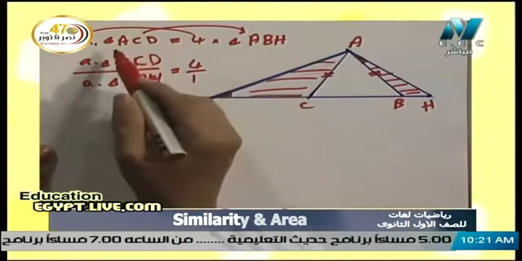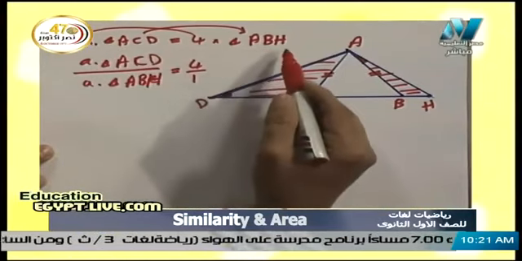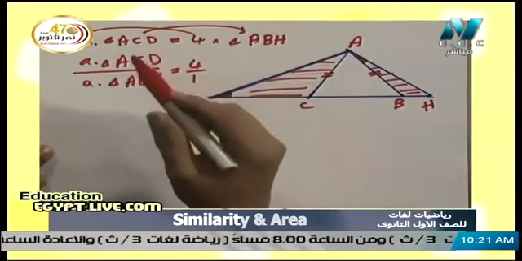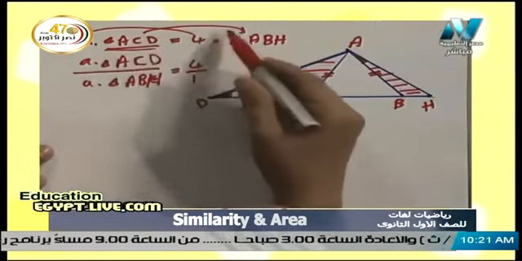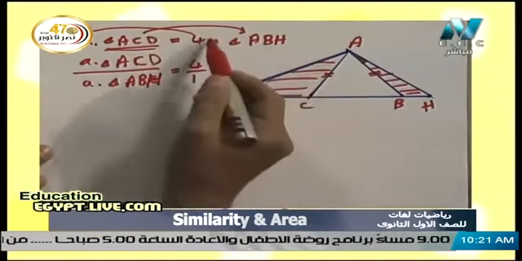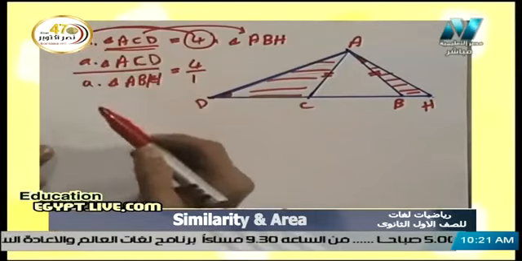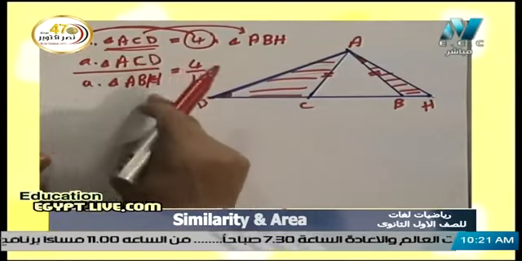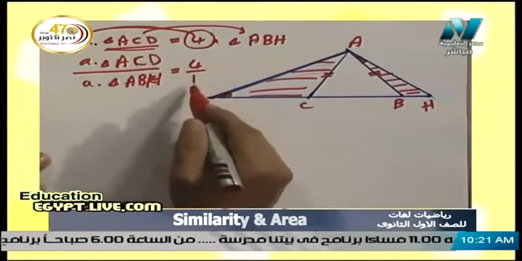When we say that the area of triangle ACD equals 4 times the area of ABH, then when we write the ratio like this, we say area of triangle ACD over area of triangle ABH equals 4 over 1. Here is 1. Okay, so we have now the area of ACD over the area of triangle ABH equal 4 over 1.